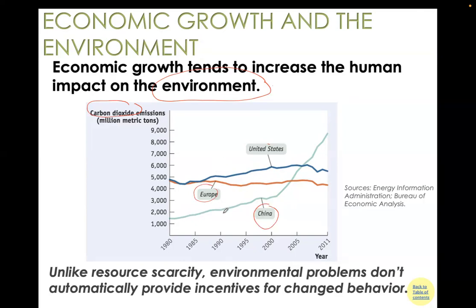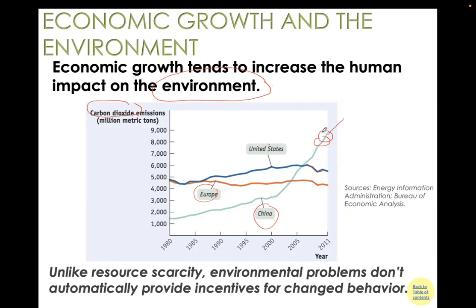What was striking about this picture is that when a country becomes richer and richer, their carbon dioxide emission, or their pollution problem, gets worse and worse. The US is growing, right? Certainly there's some slowing down. But China keeps growing, so their carbon dioxide emission is growing rapidly.